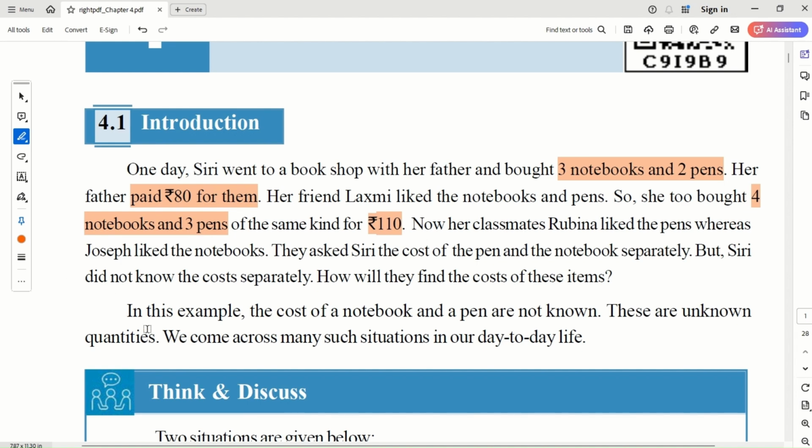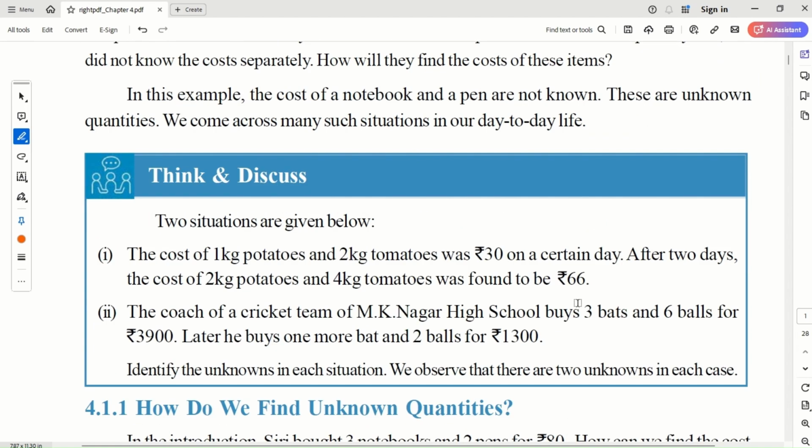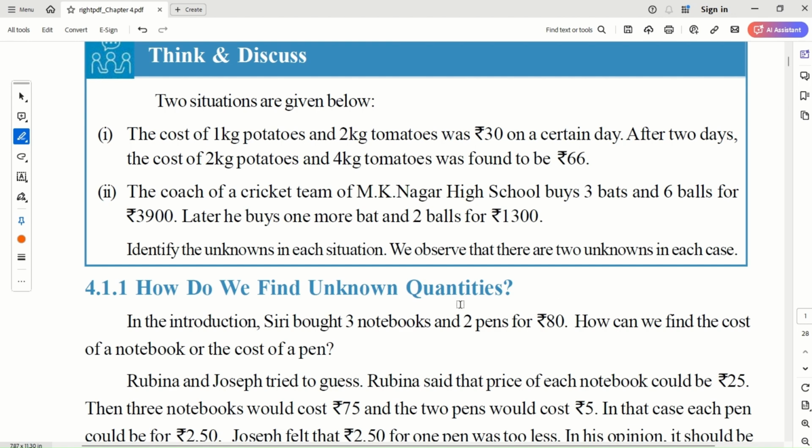So in this example, the cost of the notebook and pen are not known. These unknown quantities we come across in many situations in our day-to-day life. These are the variables. Unknown quantities are the variables. A few other situations: the cost of 1 kg of potato and 2 kgs of tomatoes was 30 rupees on a certain day.